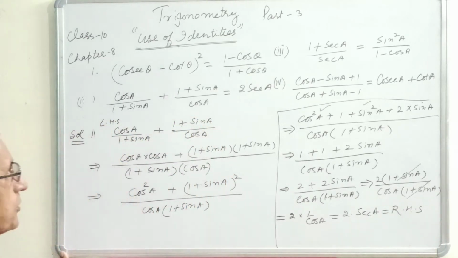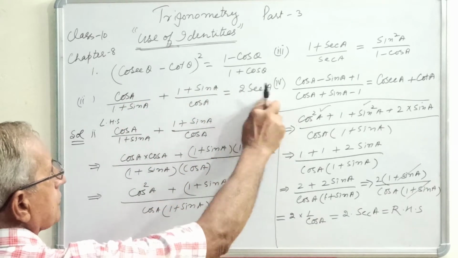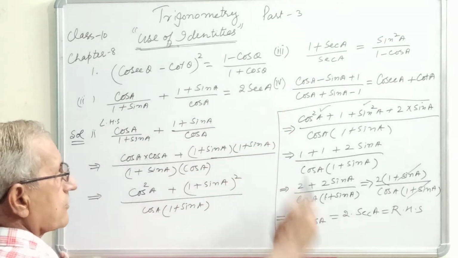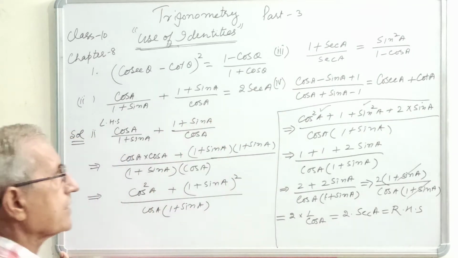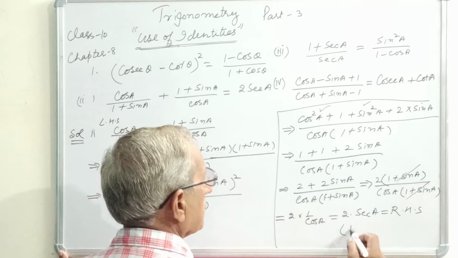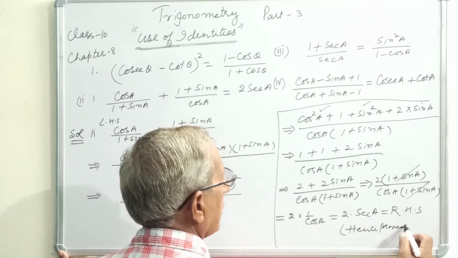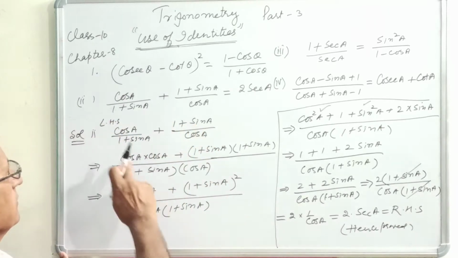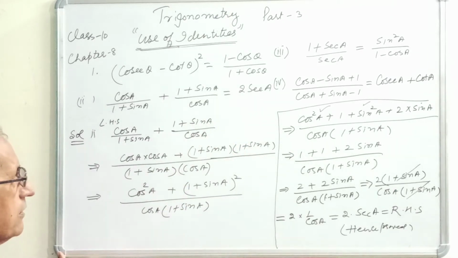So the right hand side given to you was 2 secant A. So we have proved this left hand side equal to right hand side. Hence proved. So this part is equal to this part. So second part we have solved.